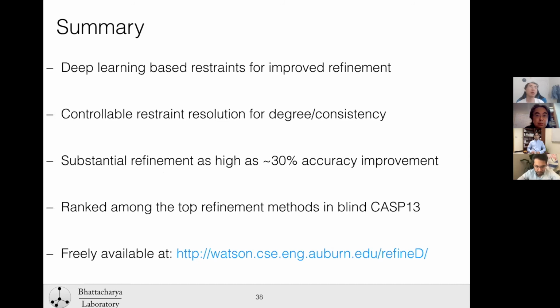The method is also ranked among the top refinement methods in the blind CASP 13 assessment. And this method is freely available as a web server. You can paste your starting structure and choose what refinement method you want to try, whether a conservative mode or an adventurous mode. And this web server is going to perform the refinement and return the result back to you.